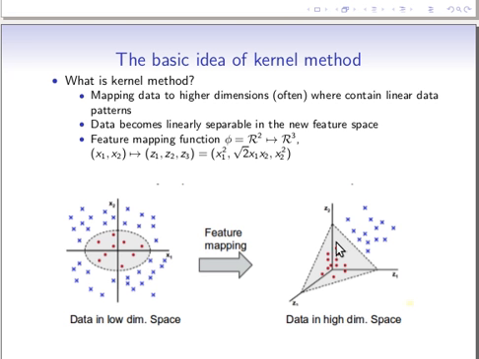In the new feature space, the data may become linearly separable. That helps us to use linear classifiers to perform the classification. For example, in this new feature space, we can find one linear separation easily.